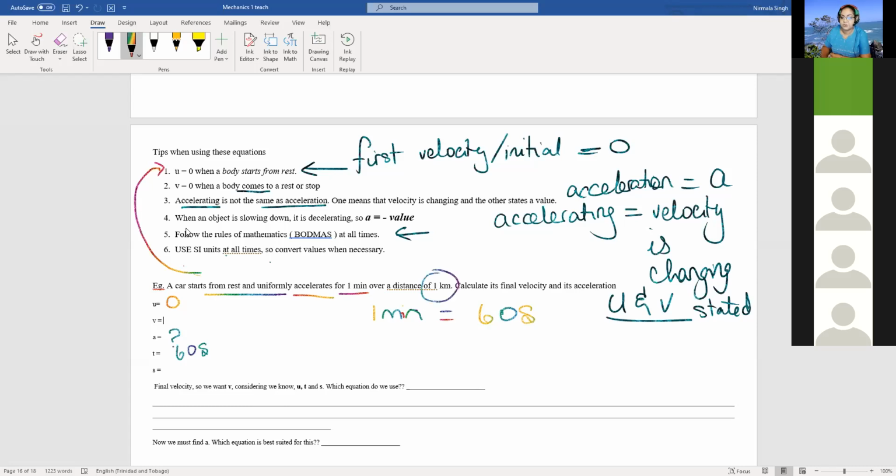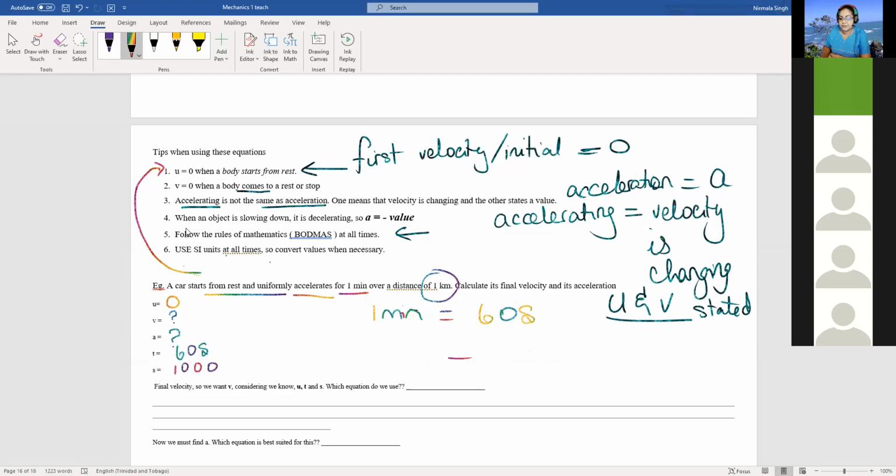Kilometer is your distance, and 1 kilometer is 1,000 meters, because I did say we have to use SI units for this to work every single time. So we have 1,000, and they have asked you to find the final velocity and the acceleration in your question.